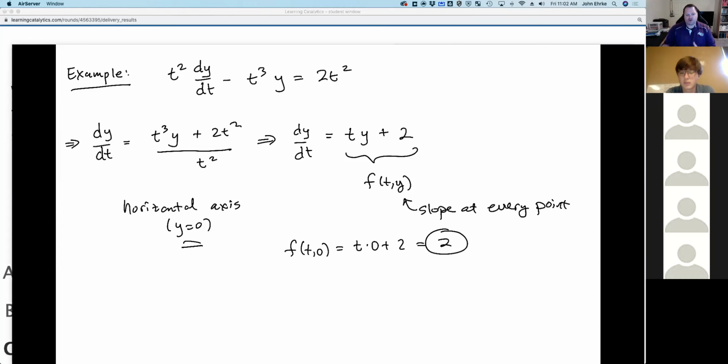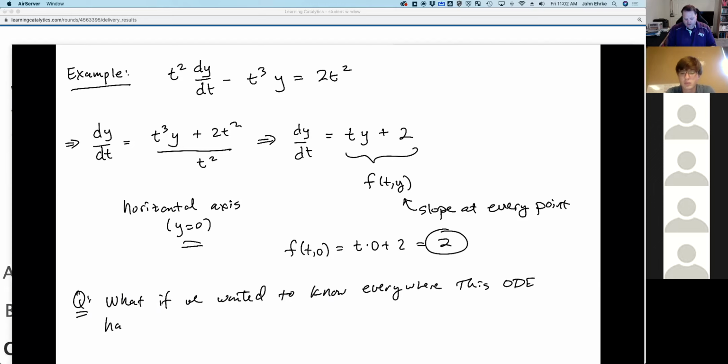But I want to reverse the question for a second. I want to ask instead, what if we wanted to know everywhere this ODE has slope 2?